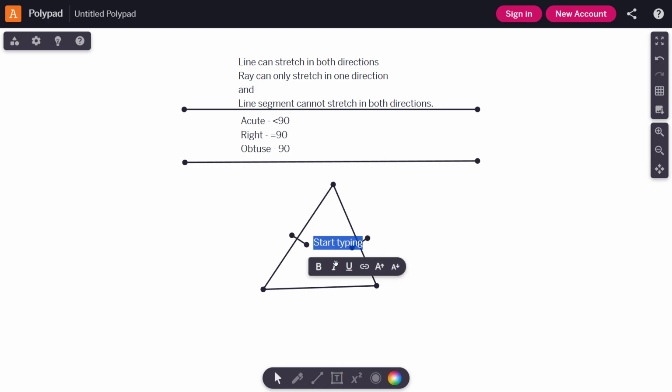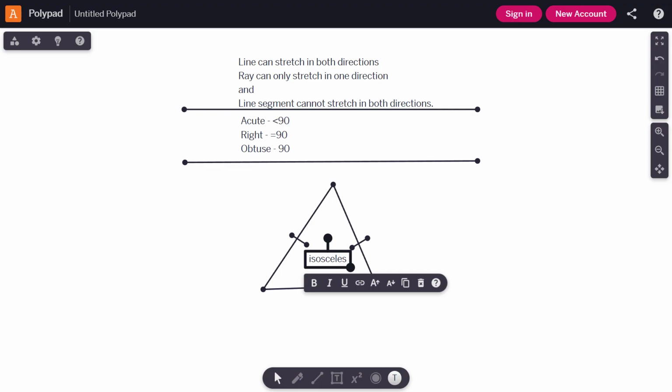So what is that called? That is called an isosceles triangle.